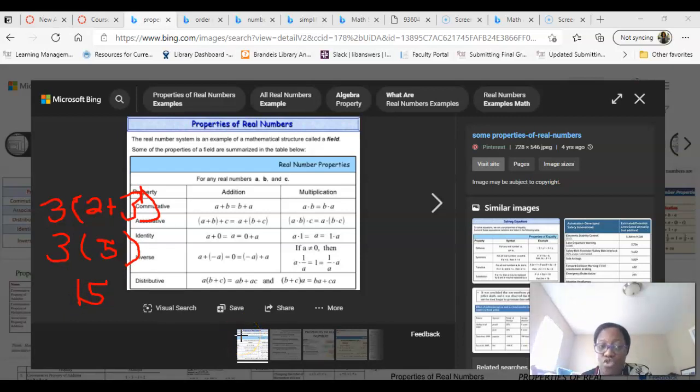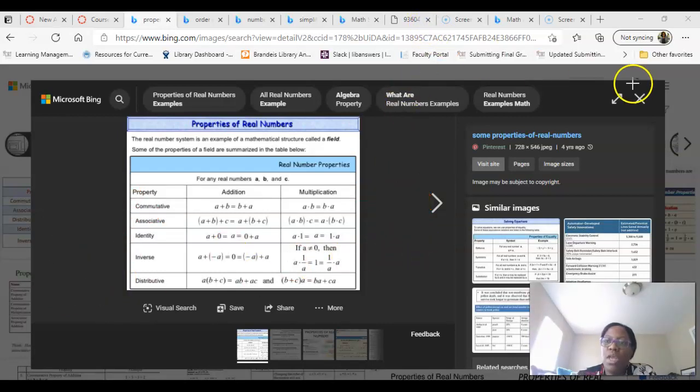Then you could have done it the distributive property way and said 3 times 2 is 6, and 3 times 3 is 9. So 6 plus 9 is the same as 15. Same answer, but done 2 different ways. Okay? Let's move on.